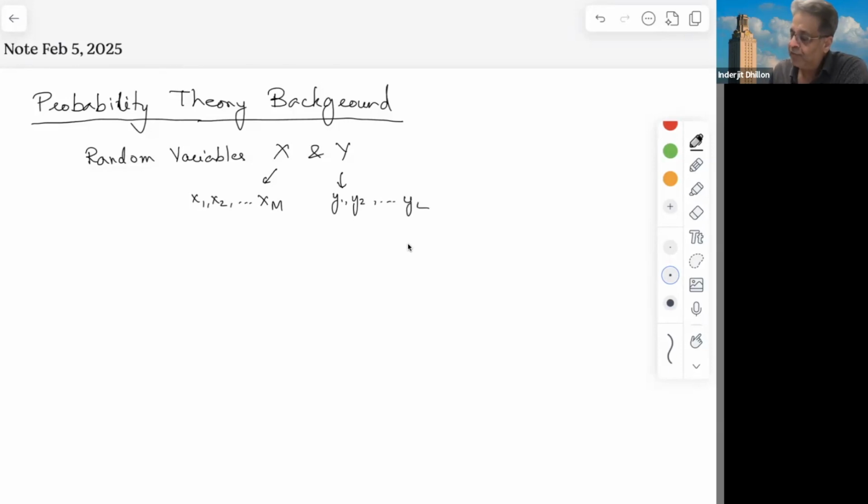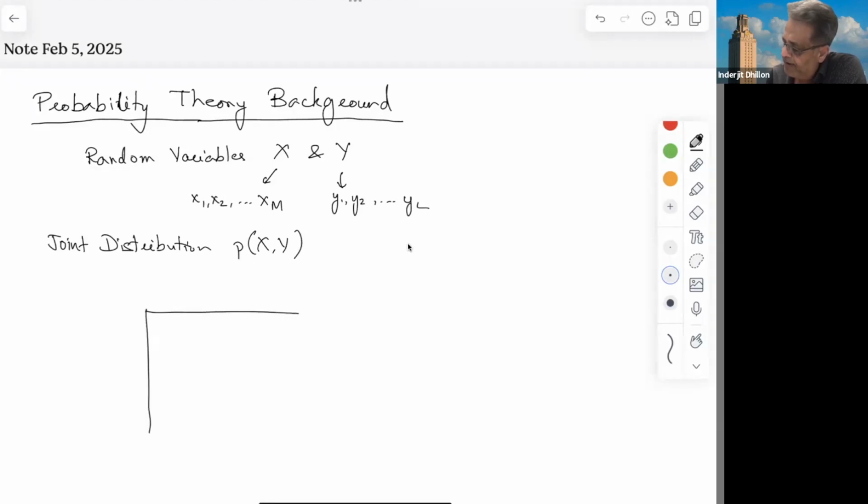When I have these two discrete random variables, I can look at their joint distribution and think of it as a table. So I have the joint distribution P of x, y. The columns are indexed by the x values, and the rows are indexed by y.